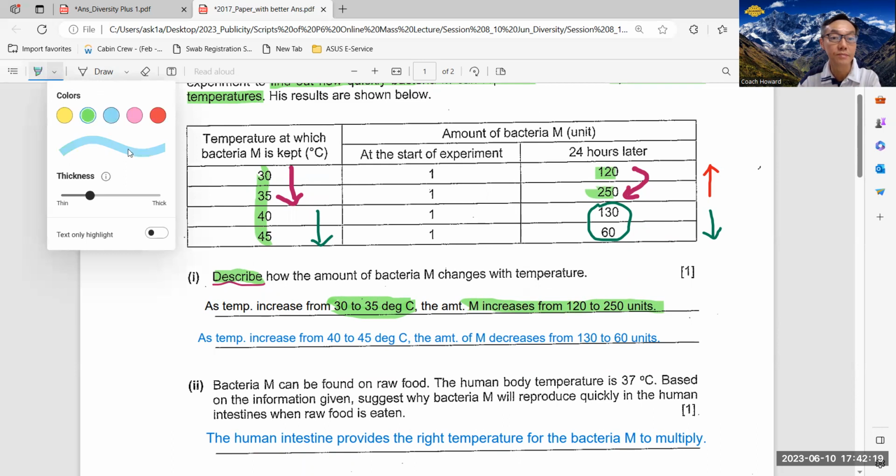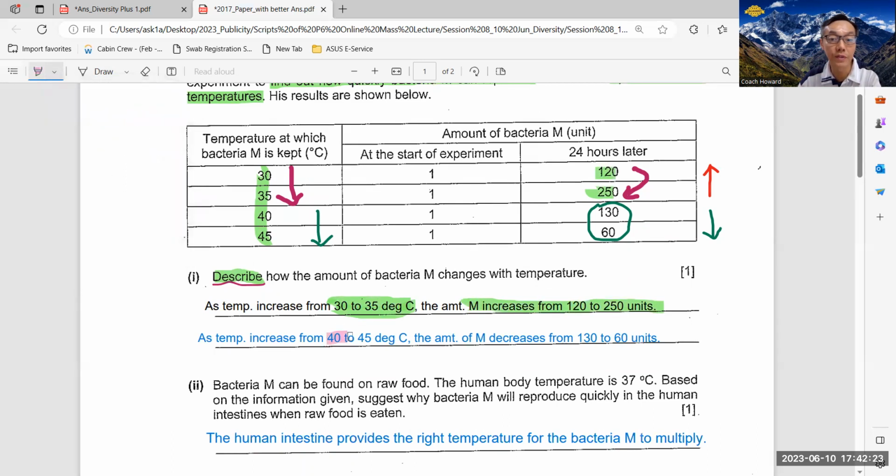Next, when the temperature increased from 40 to 45 degrees, now you see the amount of M decreases from 130 to 60 units. So if you did not write these two patterns, you may only get half a mark because there are two patterns in the experimental result. So do take note of this. I'll repeat, for the word describe, you write down what you see.